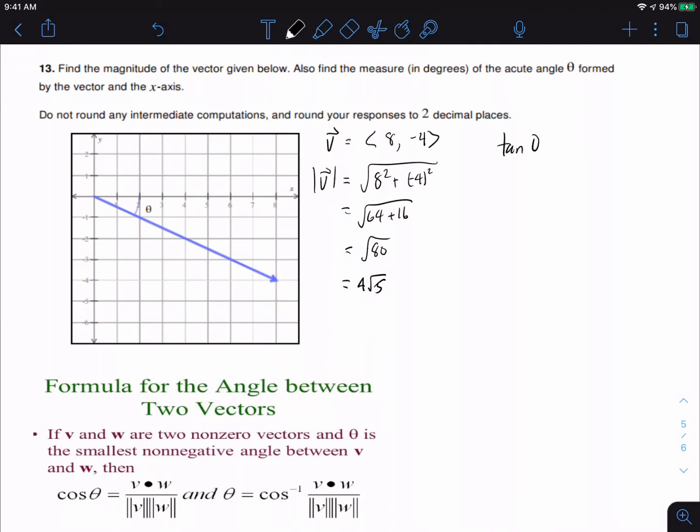And so the angle should be tan theta is equal to negative 4 over 8, right? Negative 4 over 8. So then my theta should be tan inverse of a negative 1/2.